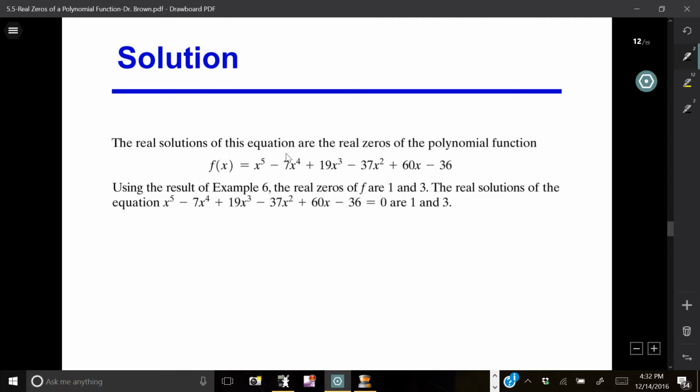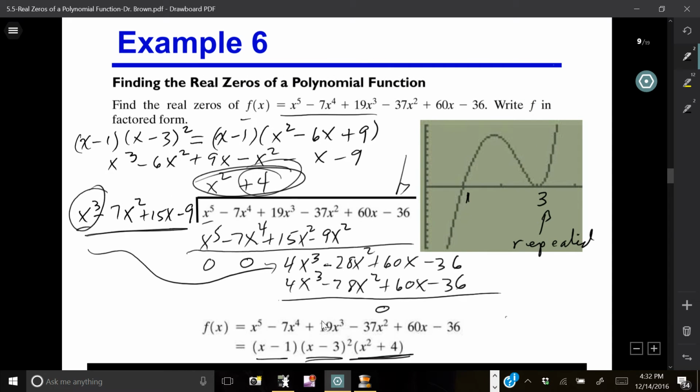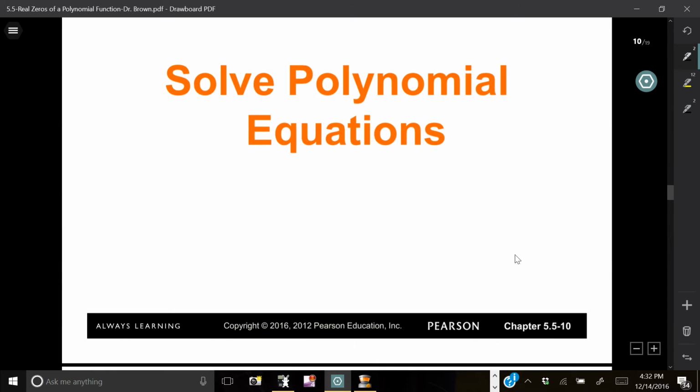Find the real solution to this equation, and since this is the same equation as we just looked at, the zeros are 1 and 3, because looking at the factored form, the factors are x minus 1, x minus 3, and we see the zeros clearly on our calculator.